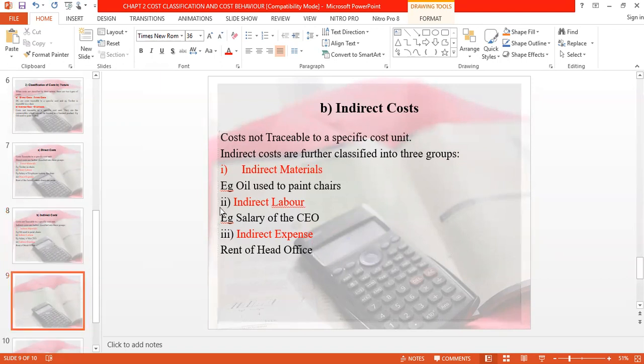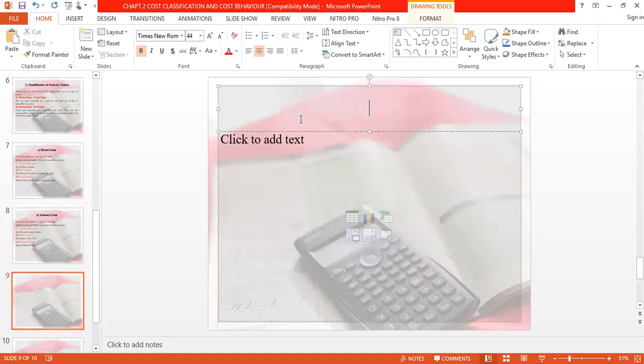That is number 2. So the third way to classify costs is classification by function.